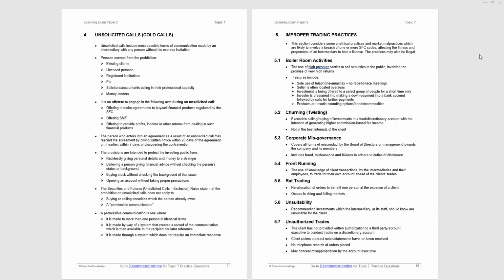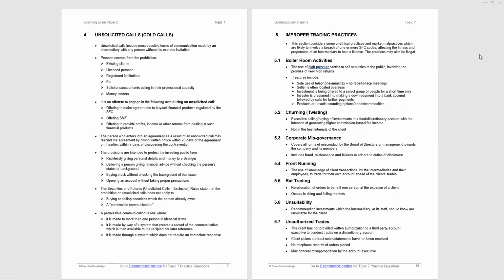Improper trading practices are not market misconduct. So they're on a micro scale as opposed to macro. They don't bring the whole market into disrepute. You may be risking your license. The practices can also be illegal. The other type of question is drilling into one of them and examining you on what the trading practice means.